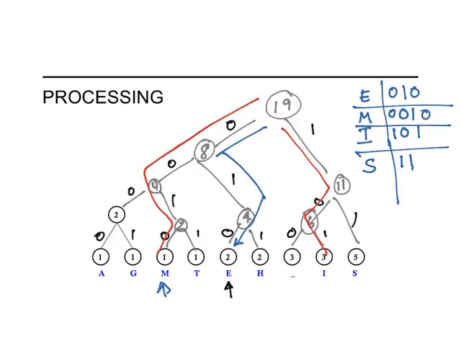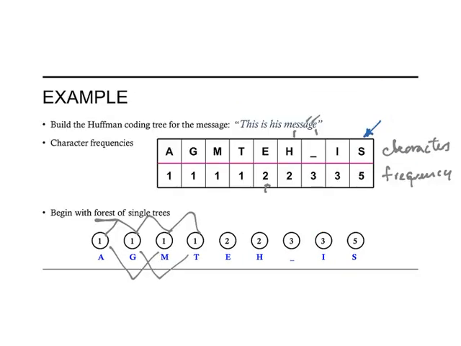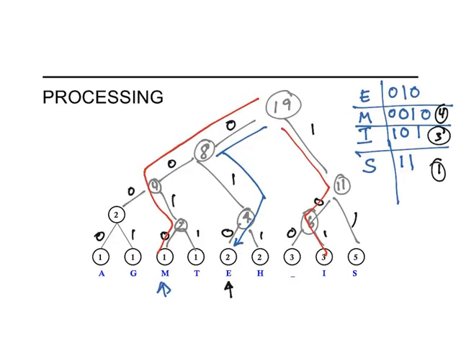So in this case, it takes 2 bits to represent the S, 3 bits to represent the I, and M is one of the characters that appear less often, only once, as well as T, G, and A. So this shows that we are using shorter code lengths for the characters that appear most frequently.